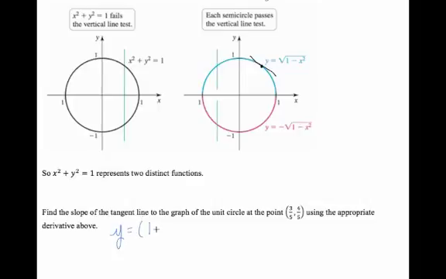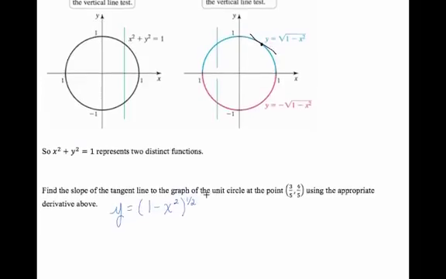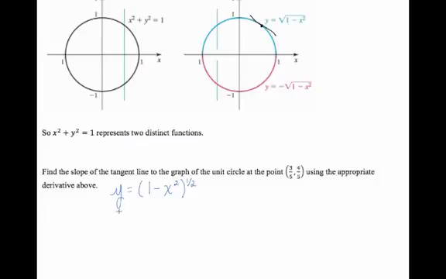To make it easier to differentiate, I'm going to write that as 1 minus x squared all to the 1/2. That way, when we use the chain rule, we bring the 1/2 down out front, leaving the inside function there, reduce the power by 1, 1/2 minus 1 is negative 1/2, and multiply times the derivative of this inside function.